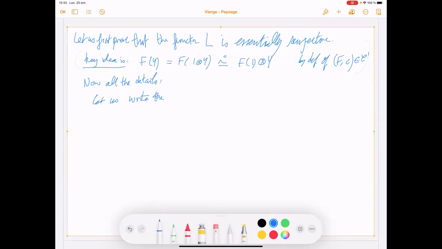Let us write the diagram that C should satisfy. So as I said, you have a couple, and C should satisfy some diagram, which I just recalled in the previous slide. The C checked.